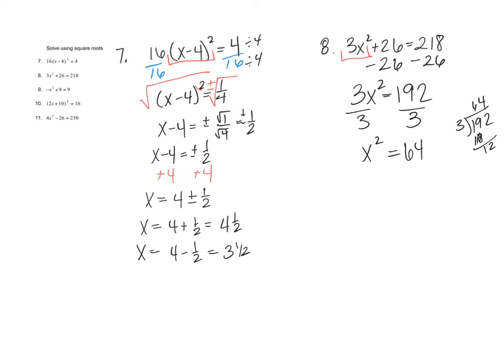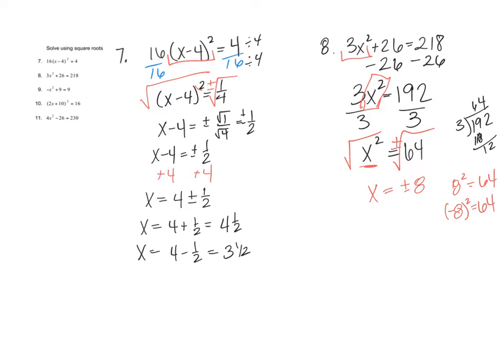You don't want to do the square root until it is all by itself. So at this step, you need to get the x squared by itself before you try to take the square root of both sides. So we're going to square root both sides, plus or minus on the right, because when I get x equals plus or minus 8, we know that 8 squared is 64, and also that negative 8 squared is 64. So that's why we get two answers.